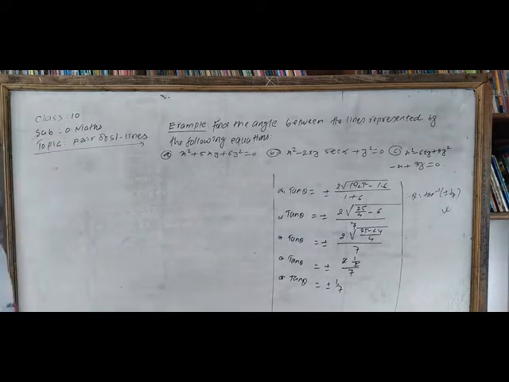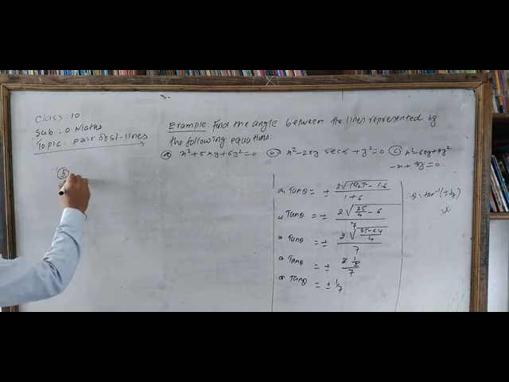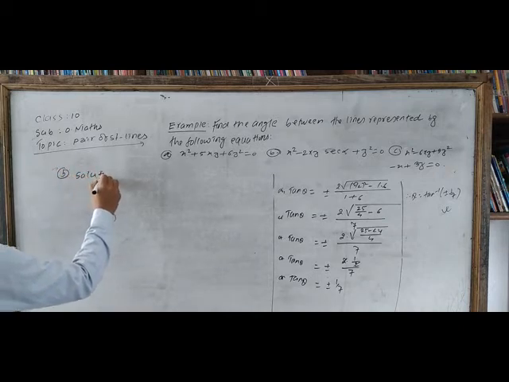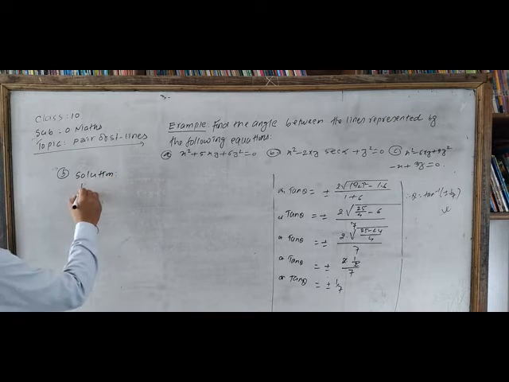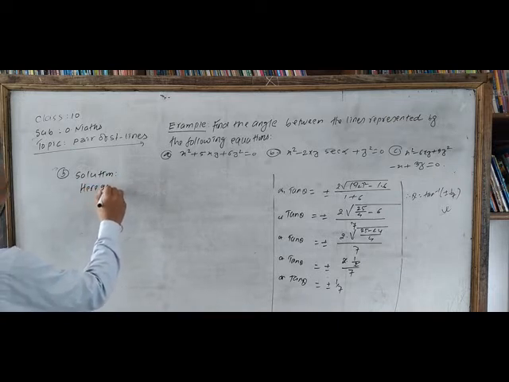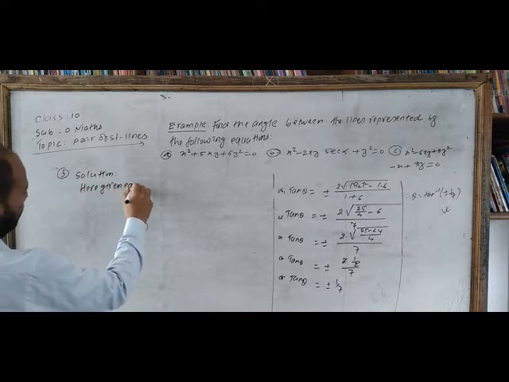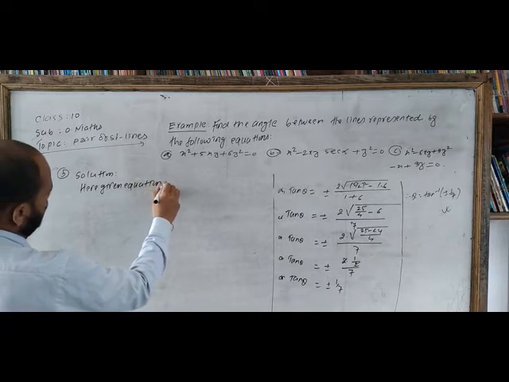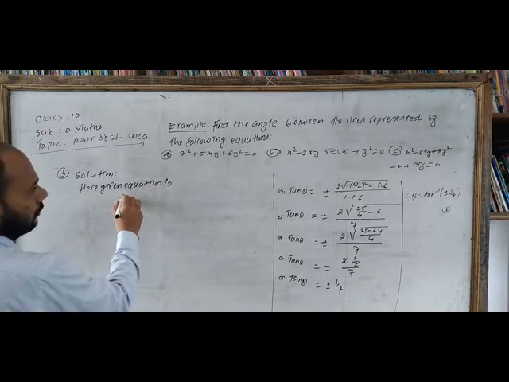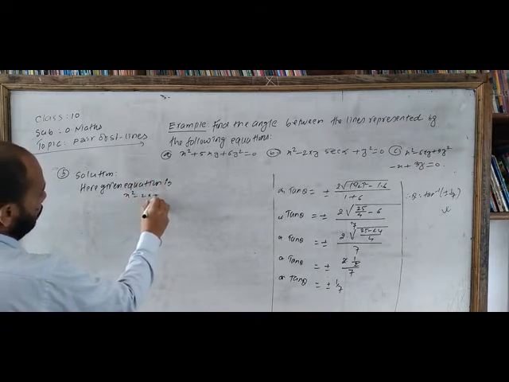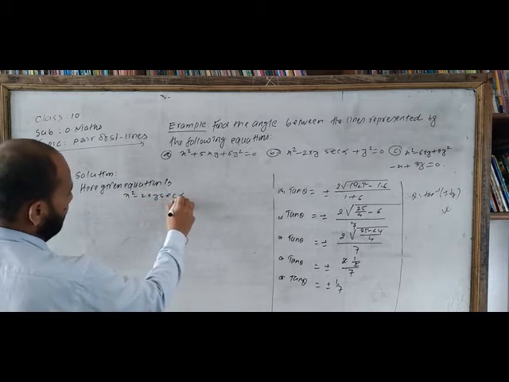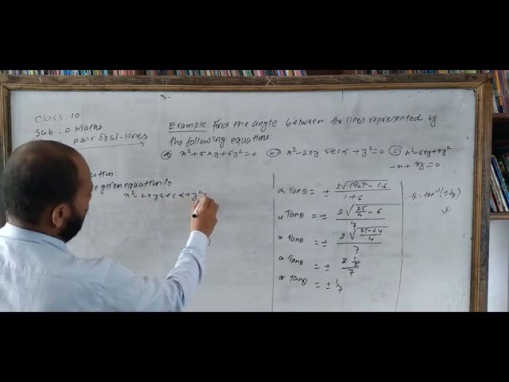Now I am going to solve B. Now look here, B. Solution. The given equation is x square minus 2xy sec alpha plus y square is equal to 0.